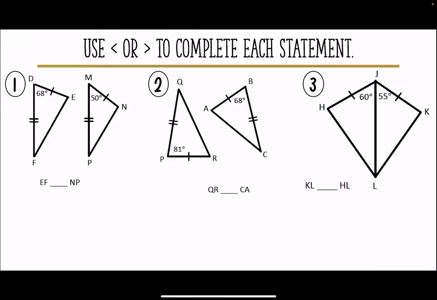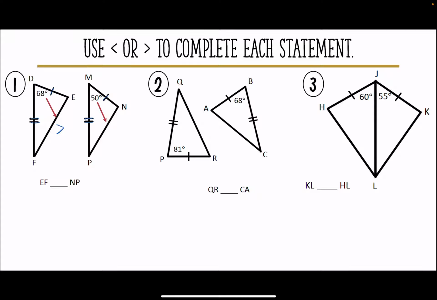So let's look at this one. First, we've got our two congruent sides. And the included angles are not congruent. So we're going to look opposite them. And EF is with the bigger angle.